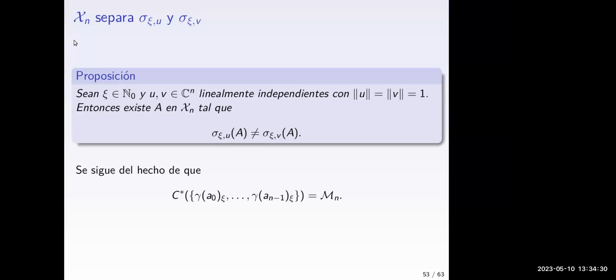The second is that the xn, I mean the pure states with the same frequency, it separates sigma c. It follows from the fact that these generators are this algebra.